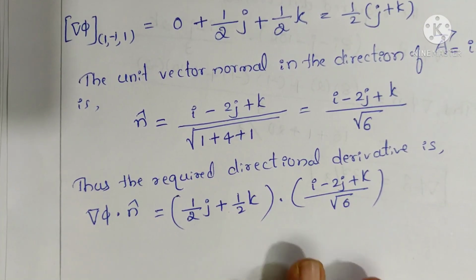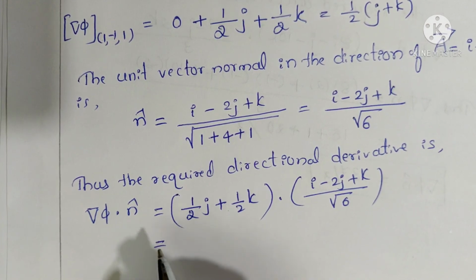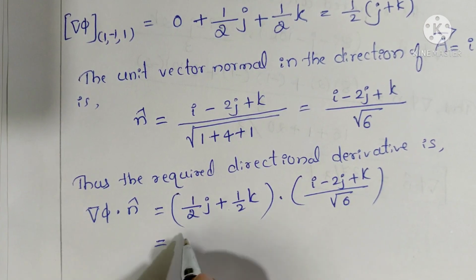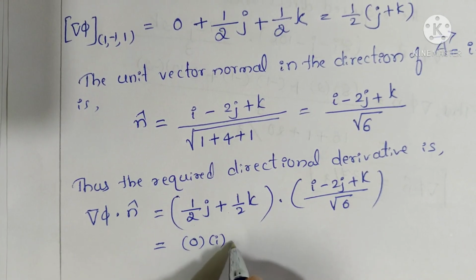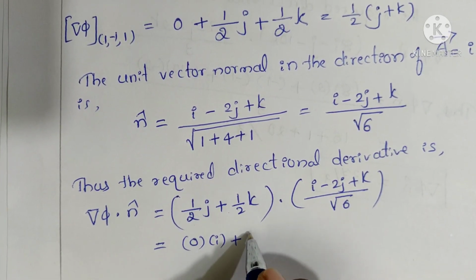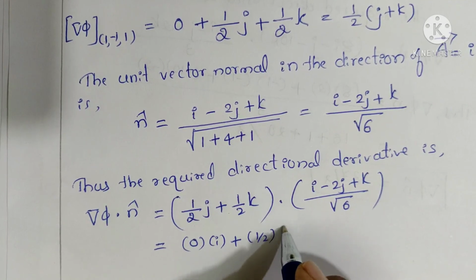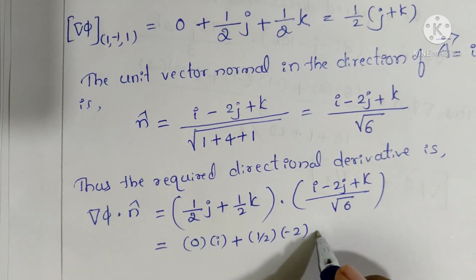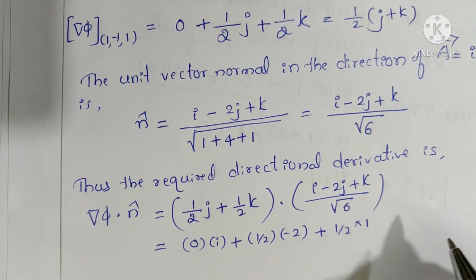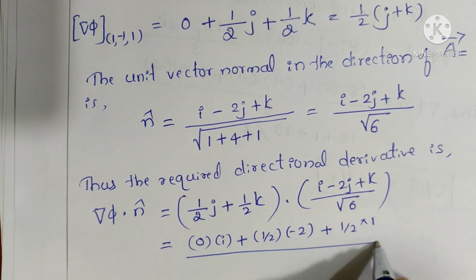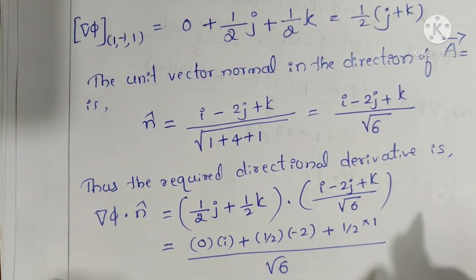Then dot product: I into 0, so 0 into I, plus 1 by 2 into minus 2, plus 1 by 2 into 1, whole divided by root 6.